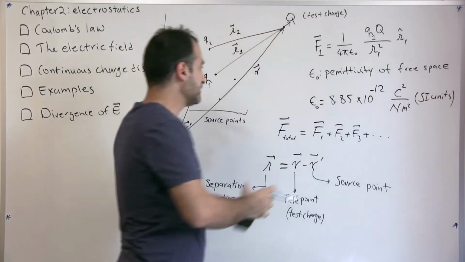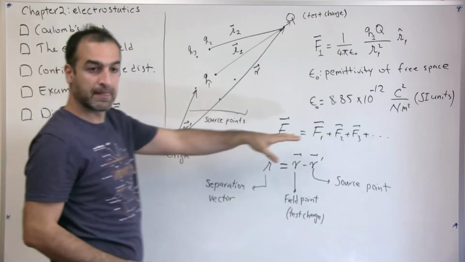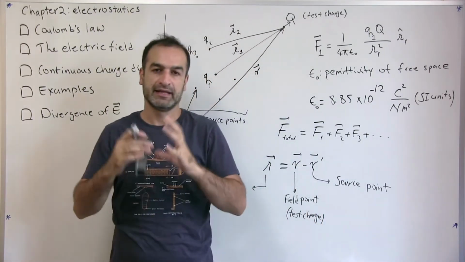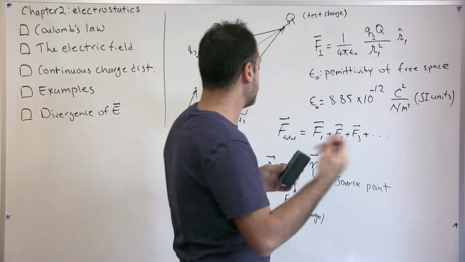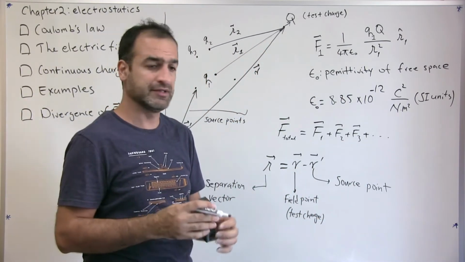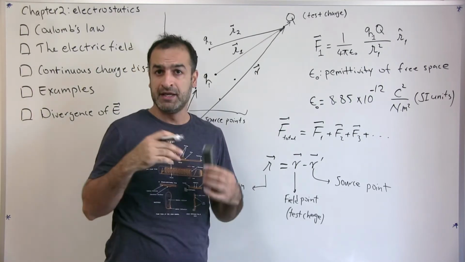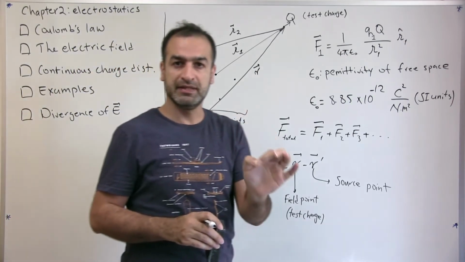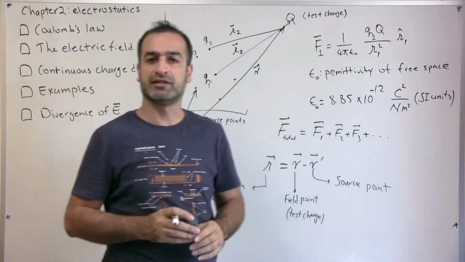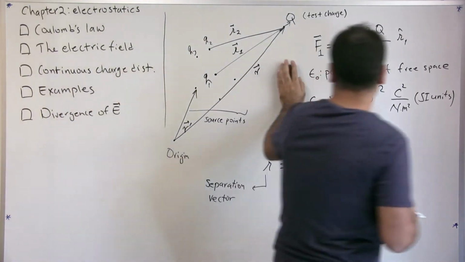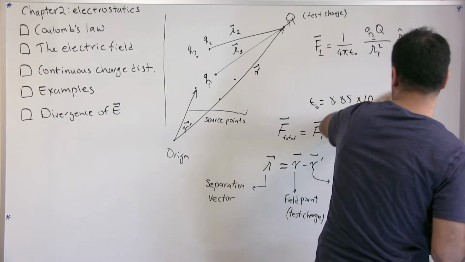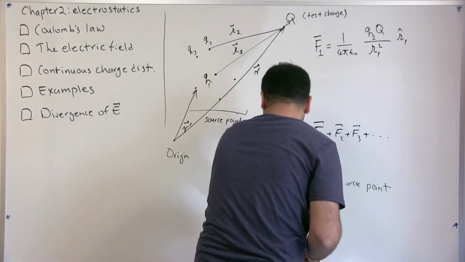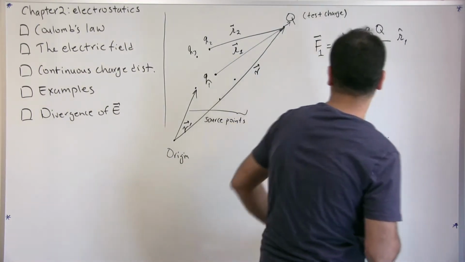Now, following this notation, I want to add up all the forces and try to simplify the equation that we are using to add up these forces. And from that, I want to define the electric field, which is a nice way to mathematically formulate what kind of force each test charge would experience if we put that among a distribution of other electric charges.